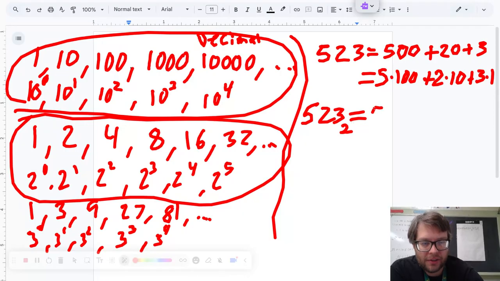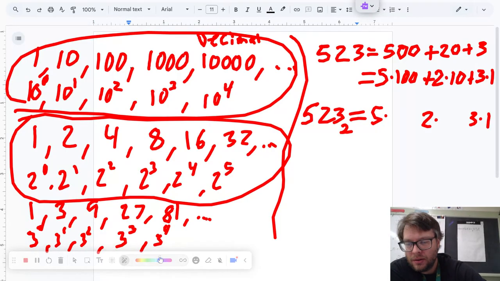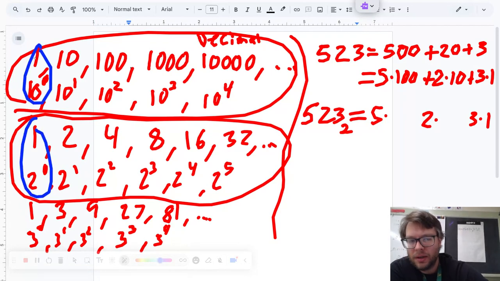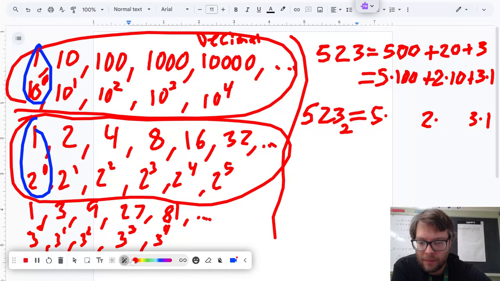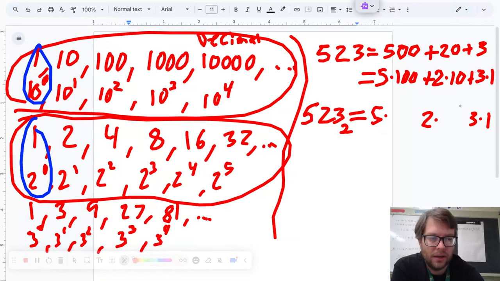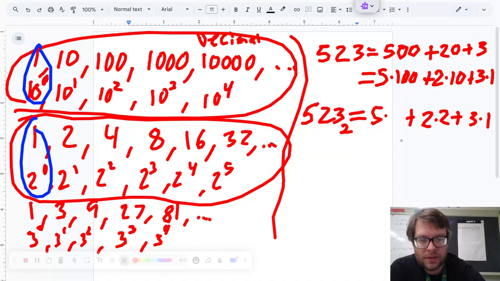That doesn't mean 5 times 100 anymore and 2 times 10 anymore. It still means 3 times 1 because my binary pattern starts with 1, just like my decimal pattern starts with 1. And so when I look at my binary number here, it's 3 times 1, but my next number is 2 times 2, and my first number is 5 times 4.